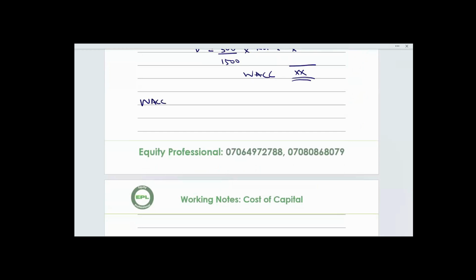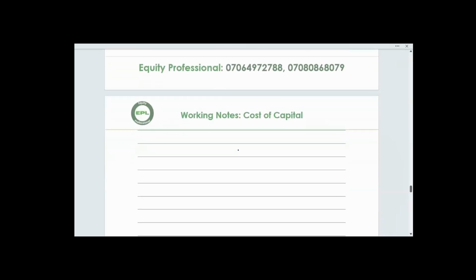WACC can be calculated using either market value or book value. Okay, WACC can be calculated using either market value or book value.